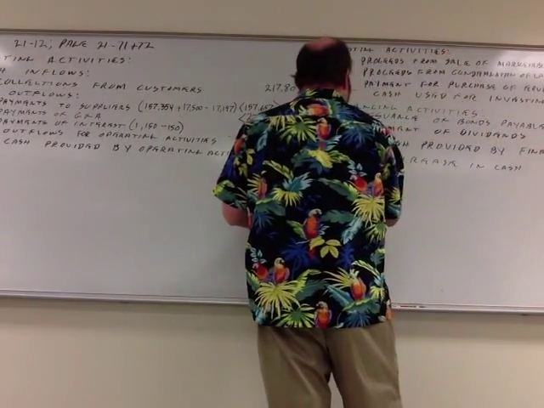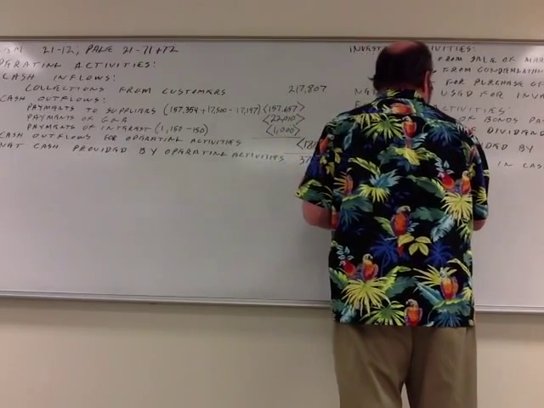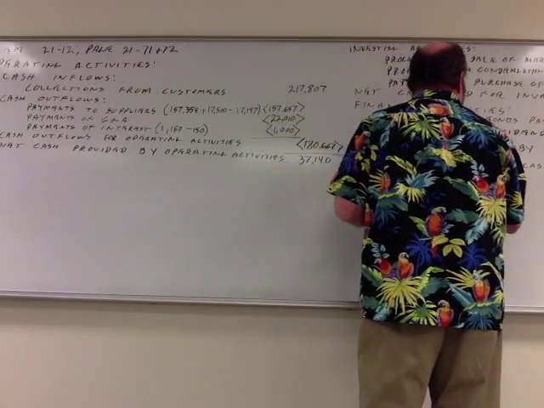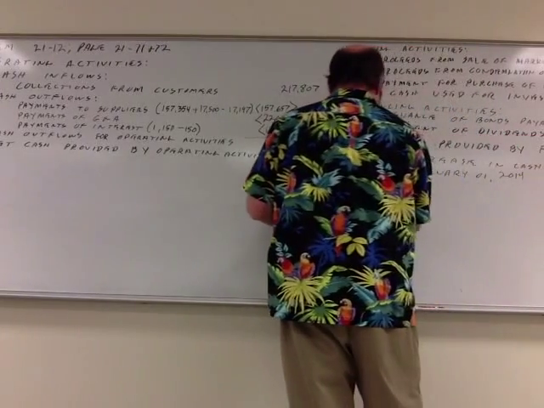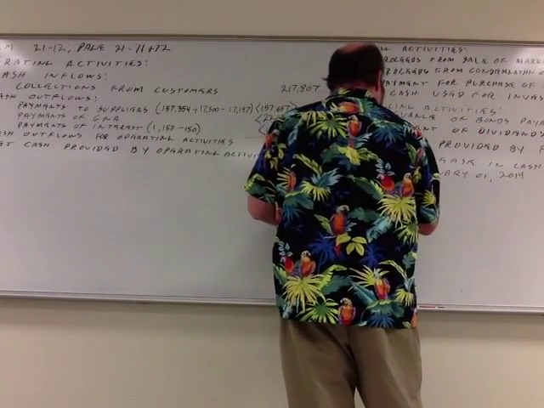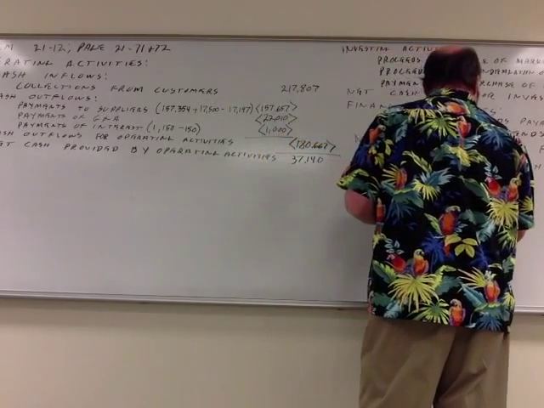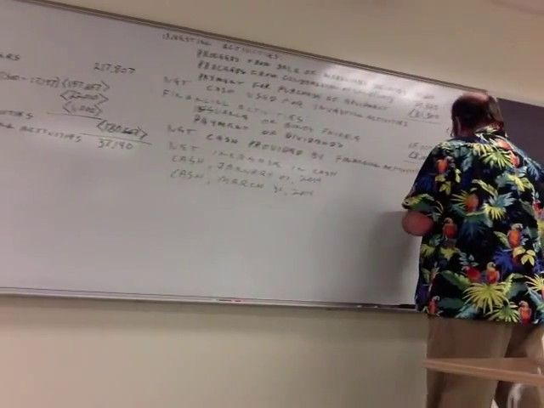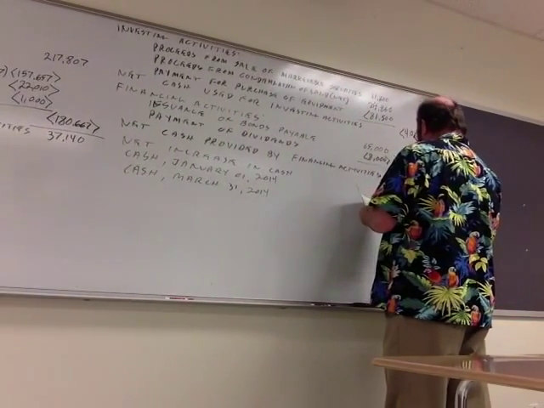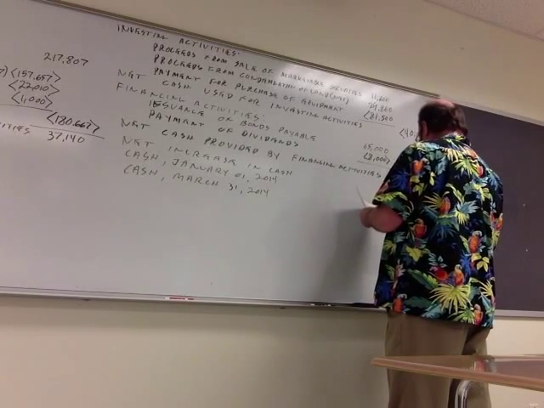If we take the cash at January 1, that will give us cash at March 31st. So we started with 25,300 and we ended the quarter with 79,400.